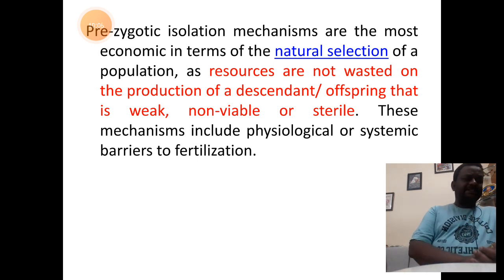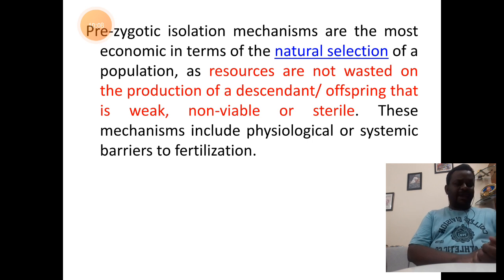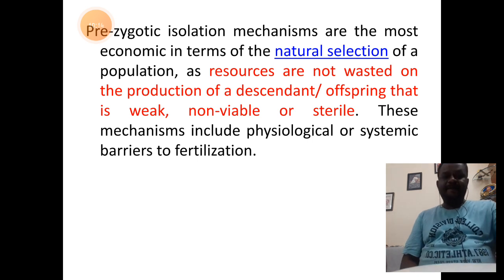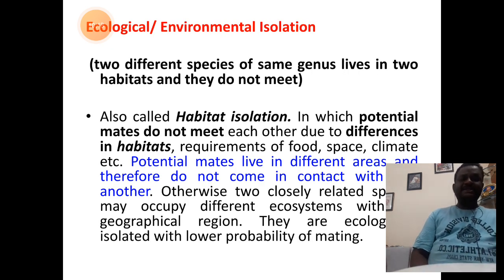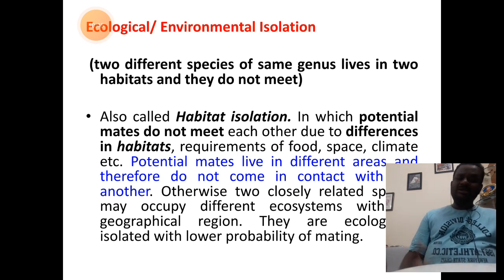It includes 6 types of reproductive isolation mechanisms, according to your syllabus. The first one is ecological reproductive isolation, or simply ecological isolation. It is also called environmental isolation or habitat isolation.